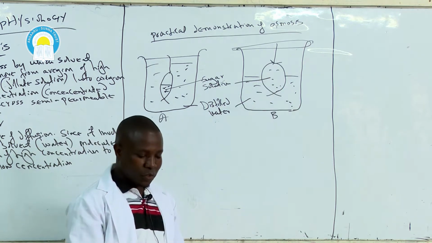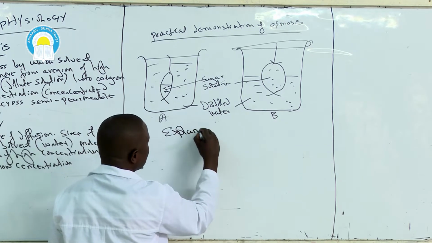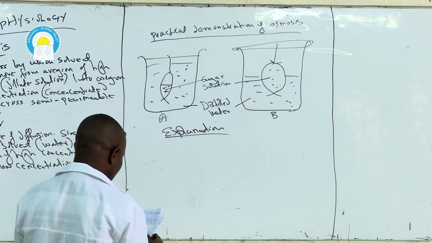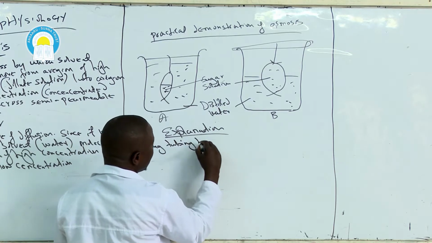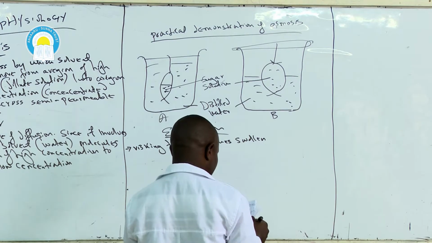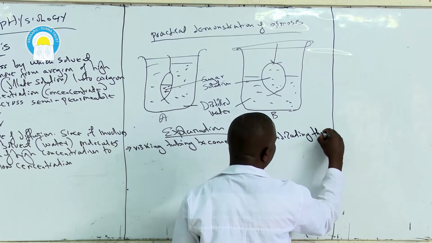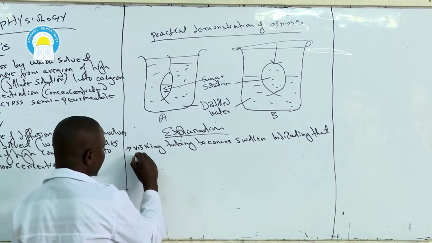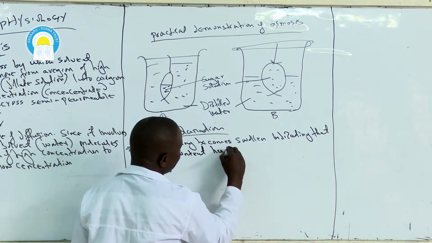It is the visking tubing. Explanation: the visking tubing becomes swollen, indicating that its cell content has increased.